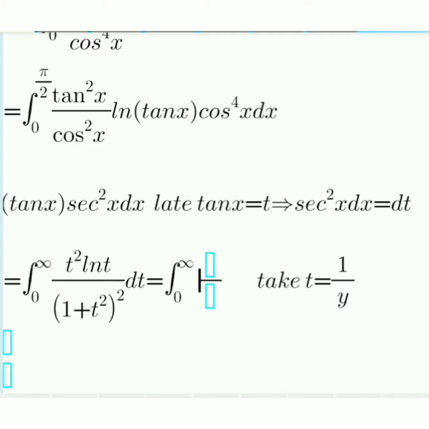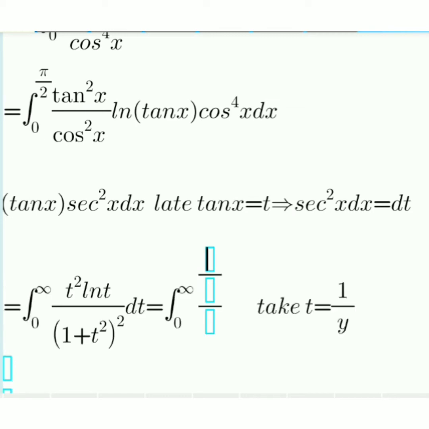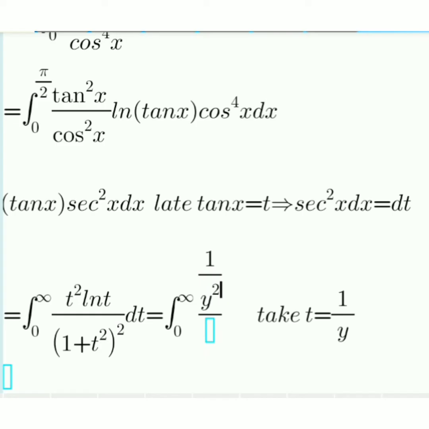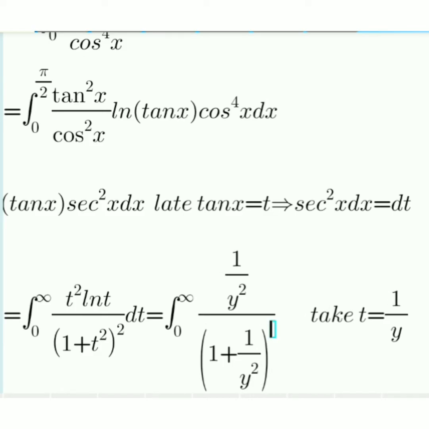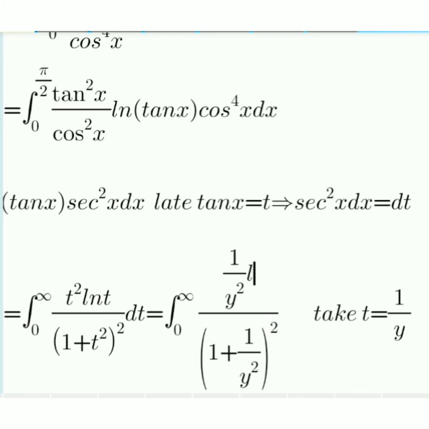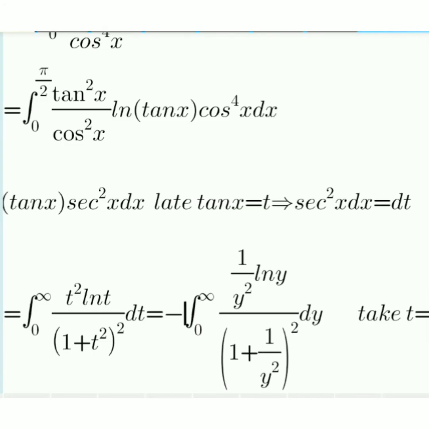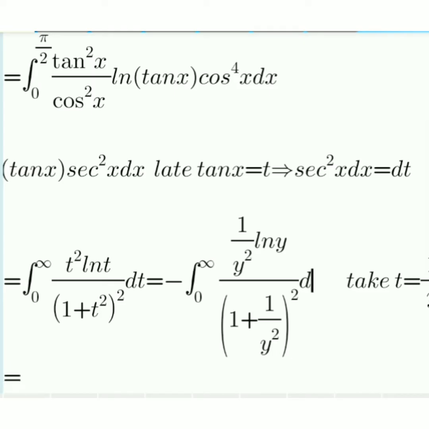So this can be written as 1 by y square ln y, and 1 plus 1 by y square, whole square, and dy, and here is minus. After that I can write dy by y square.